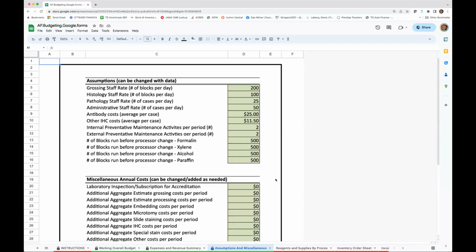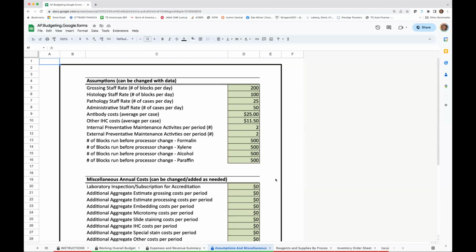So the first assumption is the grossing staff rate. We're saying that the grossing staff, a single grossing staff, one person, can cut in 200 blocks in a day, meaning that could be, if you divide by 3, about 60 cases. So if 60 cases came in, they could cut those in a day. But we're saying our histology staff, each of our one histology laboratory employees can only cut about 100 blocks per day on the microtome.